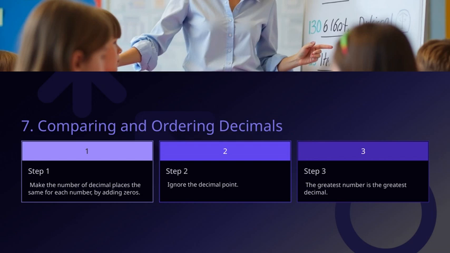This simplifies the comparison process because we're only focusing on the value of the digits. Finally, in step 3, we determine which number is the greatest by comparing these whole numbers. The greatest number you find through this method will be the greatest decimal originally given. Remember, the key idea here is that by equalizing decimal places and temporarily ignoring the decimal point, we can confidently compare the sizes of decimal numbers. This method makes ordering decimals clear and straightforward.